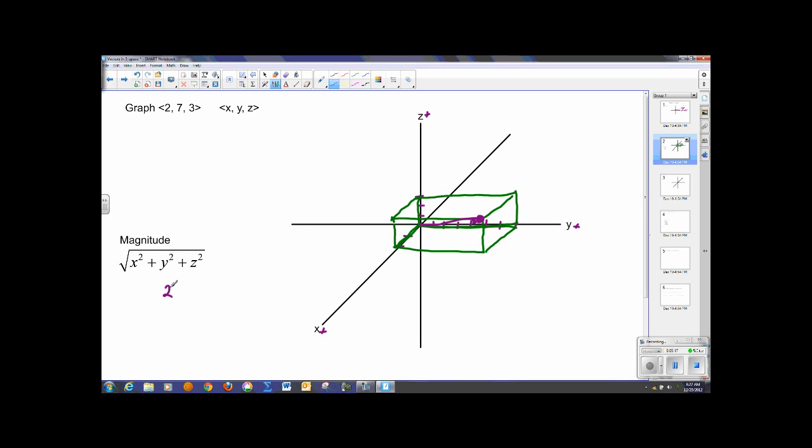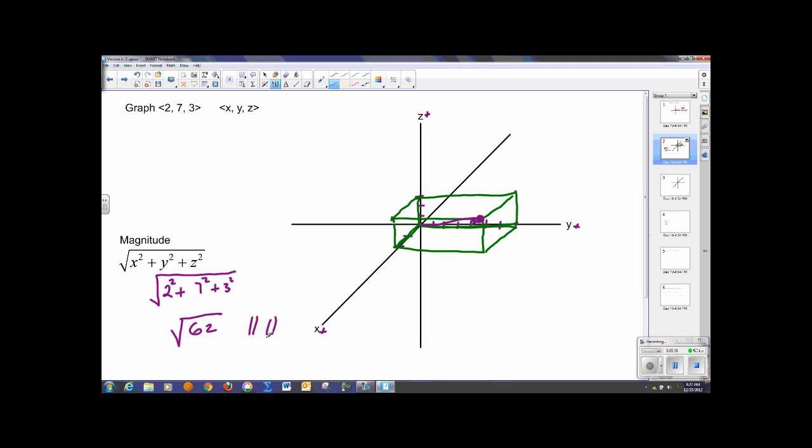So I've got 2 squared, 7 squared, and 3 squared. I take the square root of that, so it's 49, 53, and another 9 is 62, right? And that's the magnitude.